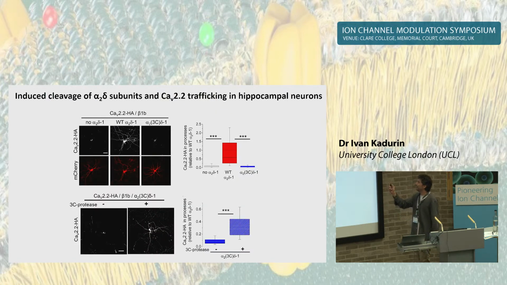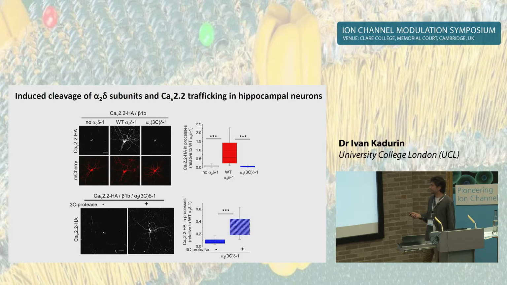There's a quantification of many experiments showing that, basically, what we quantified was the amount of CAV2.2 in processes at certain distances from the cell body, in the presence or absence of alpha-2 delta or 3C alpha-2 delta.